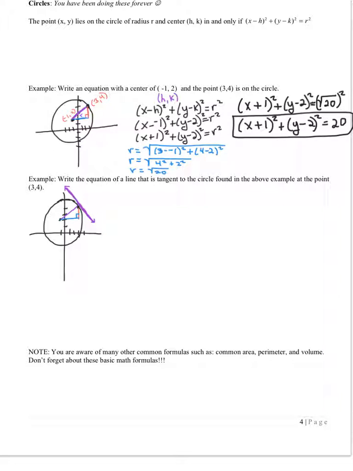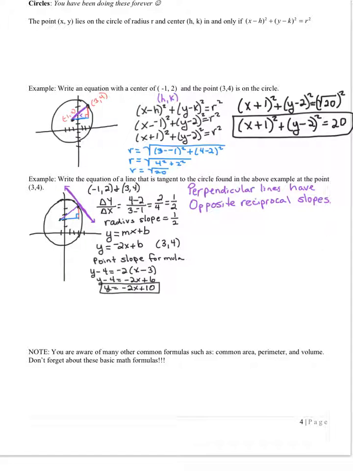So in order to find the equation for the line tangent, we're going to have to use some information about our radius. We know that these perpendicular lines have opposite reciprocal slopes. So if we can find the slope of the radius, we can also find the slope of the tangent line.